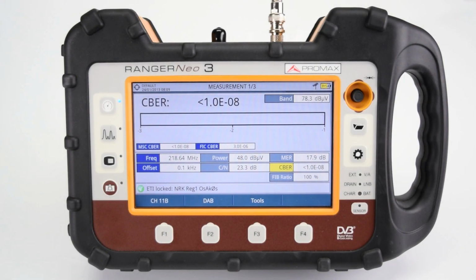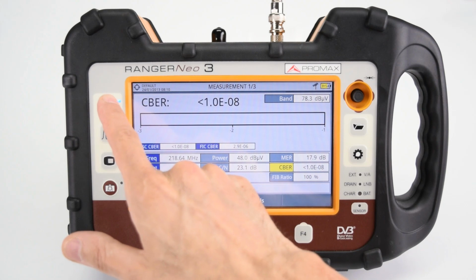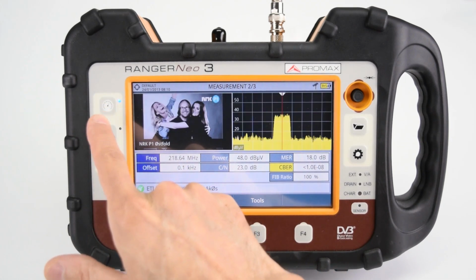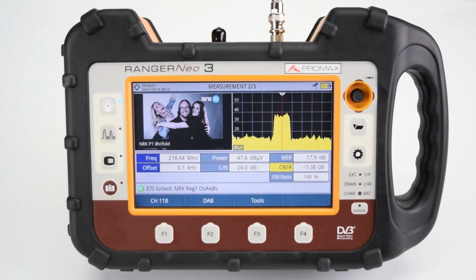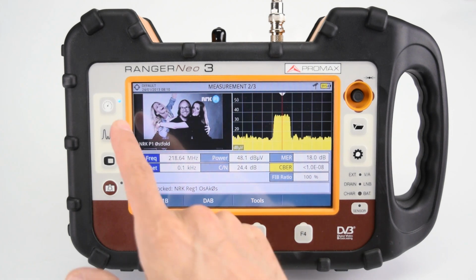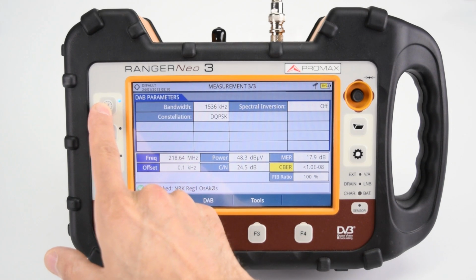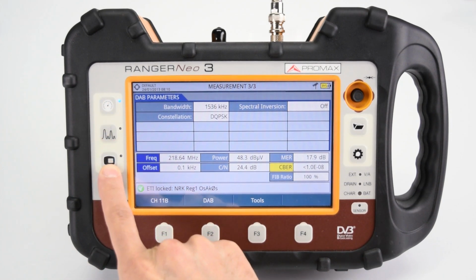We have different ways to show the information on the screen, and some of the menus here will give you additional data. So this one, for example, will show the slideshow on the top left and spectrum analyzer on the right hand side. This one here will give you additional information.